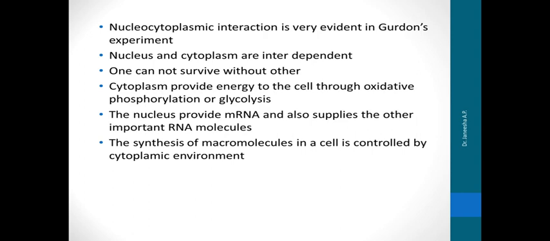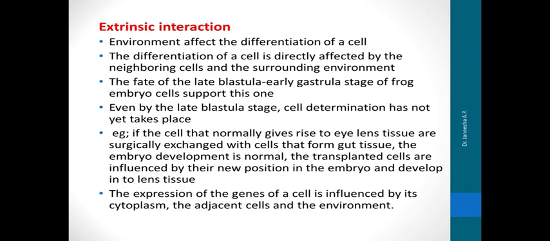And the second level is extrinsic interaction, that is, an interaction between the cell and the environment. So we can say the environment affects the differentiation of a cell. The differentiation of a cell is directly affected by the neighboring cells and the surrounding environment. The fate of cells of the late blastula and early gastrula stage of a frog embryo supports this.